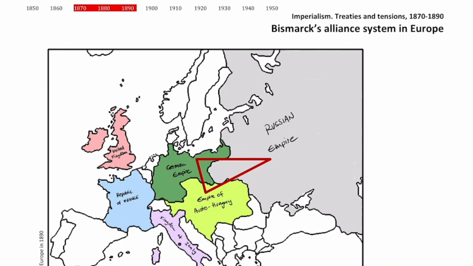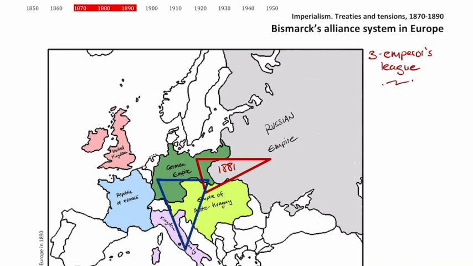Fun fact, all of those countries were empires and were not democracies. And in 1881, that Three Emperors League was renewed. So that is the first big alliance that we have to label in the map.